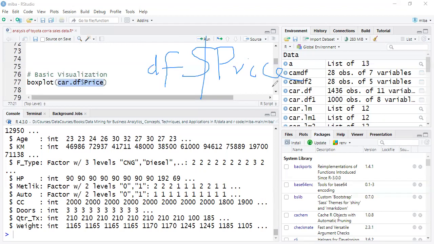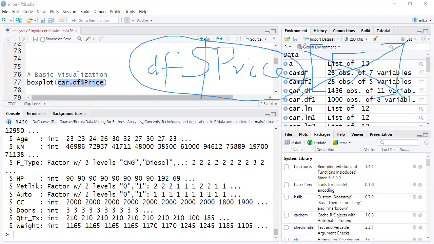If I want to mention the price of any specific car, I can add another thing, and that thing is 5 in square brackets. So it will be the price of the 5th car only. If I remove the square brackets, it gives all the prices of our cars, meaning all values in this price column.